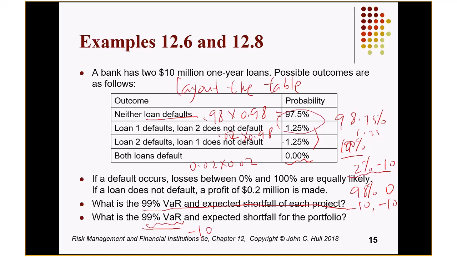Okay, and then the expected shortfall. That will be what will happen after that. We can lose $20 million, right? The most you can lose is $20 million, and the probability, even though it's low, we still need to calculate it, right?